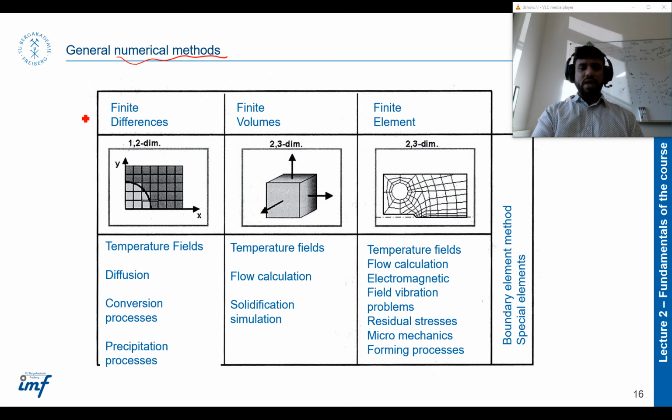And here we have three different types of methods. So one is the finite difference method, which we generally use for differences in the approaches. For example, this type of method is used for calculating diffusion systems, or conversion processes or precipitation processes.